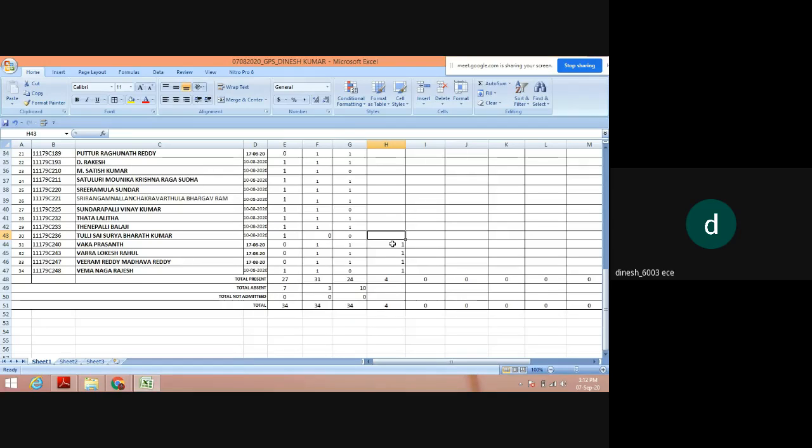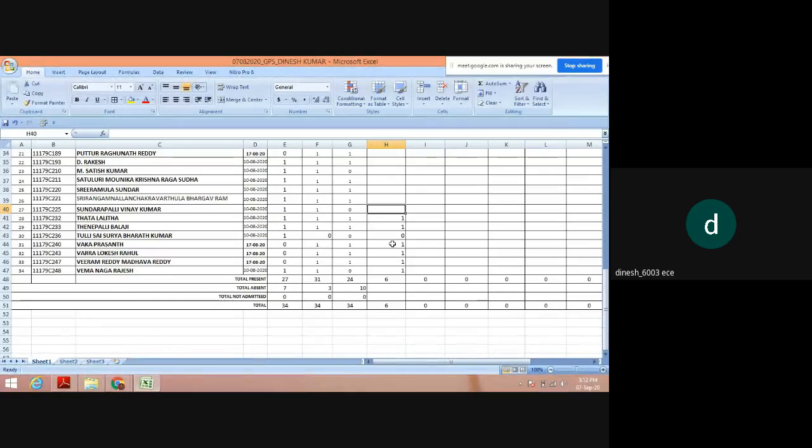Surya Bharat Kumar, Balaji, yes, sir. Alita, yes, sir.